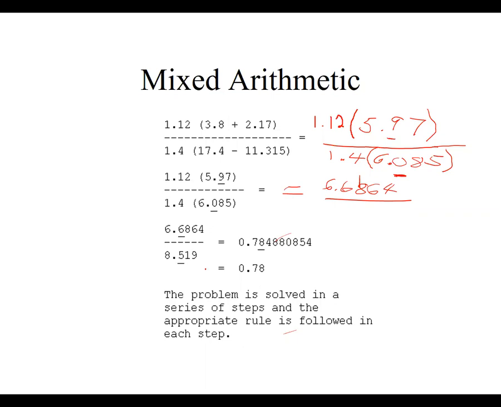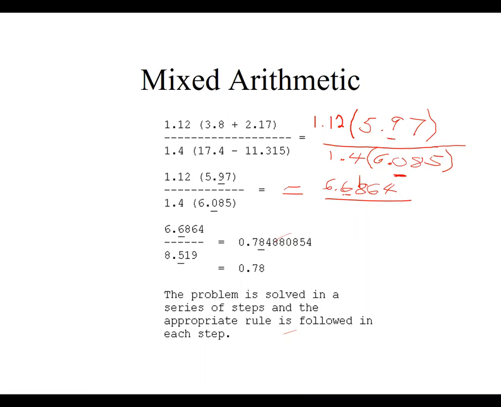But I've only got 2 figures, so I count 1, 2, right? And the second 6 is the last significant figure. So I might put a little underline under that. Okay, so 6.6864 with the second 6 underlined.